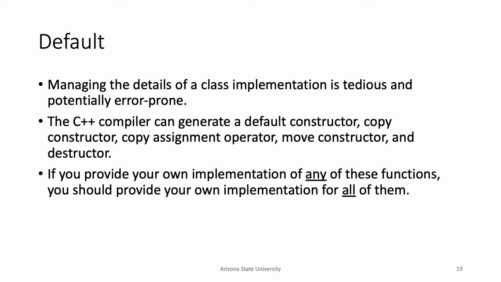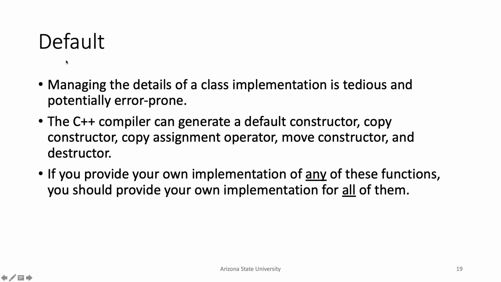What if I happen to not call move on that string, for example? Then what could happen is it calls the copy constructor by accident, and we didn't mean for it to call the copy constructor. Or maybe we call the move constructor by accident and we wanted the copy constructor. So in fact, we could do the wrong thing pretty easily if we're not very precise.